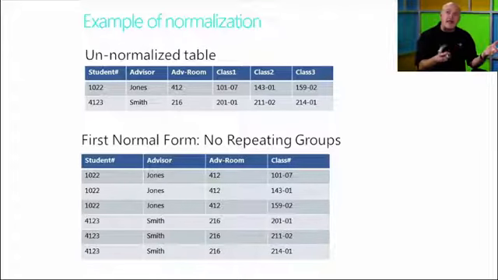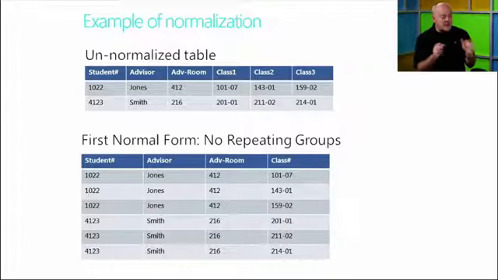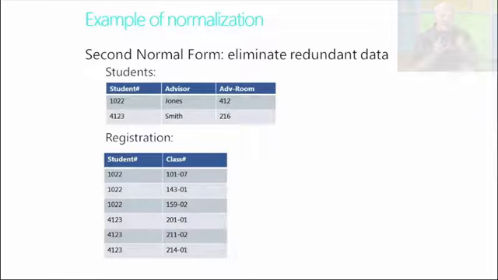We're going to address that in the second normal form. We've taken our unnormalized data, added some additional rows to it, and consolidated the number of columns in this table. So we now have no repeating groups because we've applied the first normal form process. Now, as we move into the second normal form, we're going to eliminate redundant data.